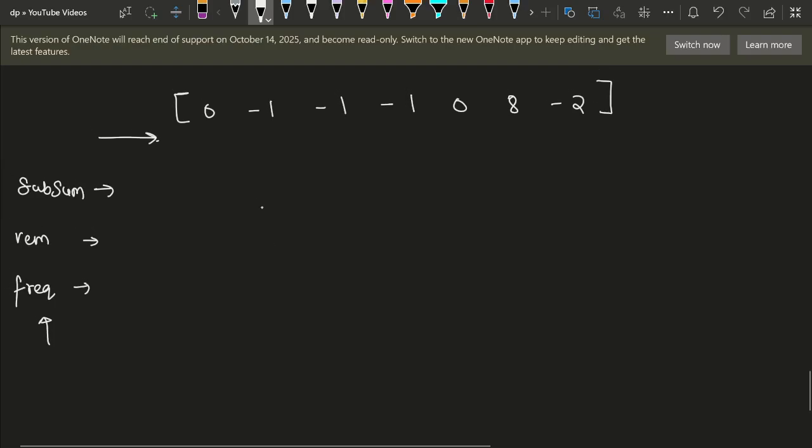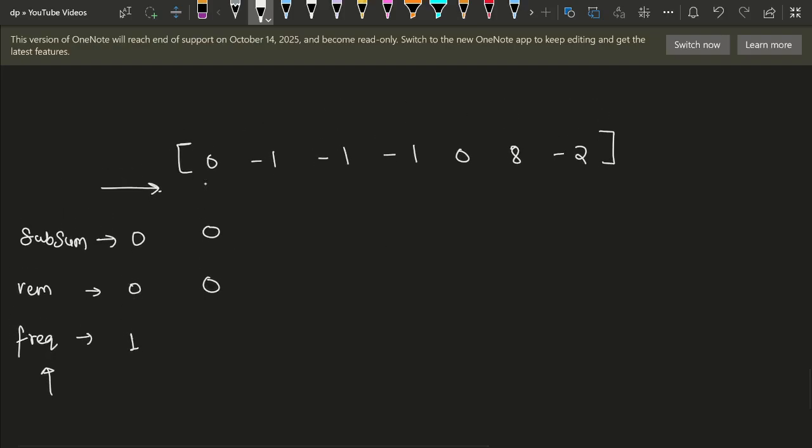So let's say initially our subarray sum is 0, remainder is 0, and frequency is 1. Now we come here, the subarray sum is 0 and the remainder is 0. So what are we going to check at every index?